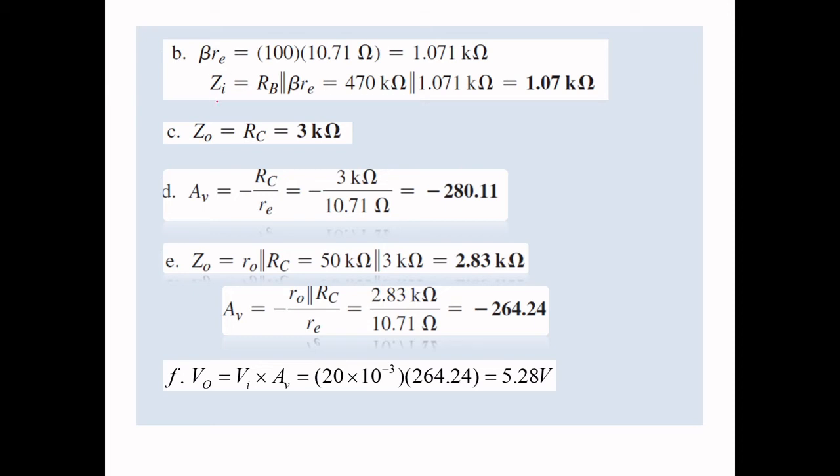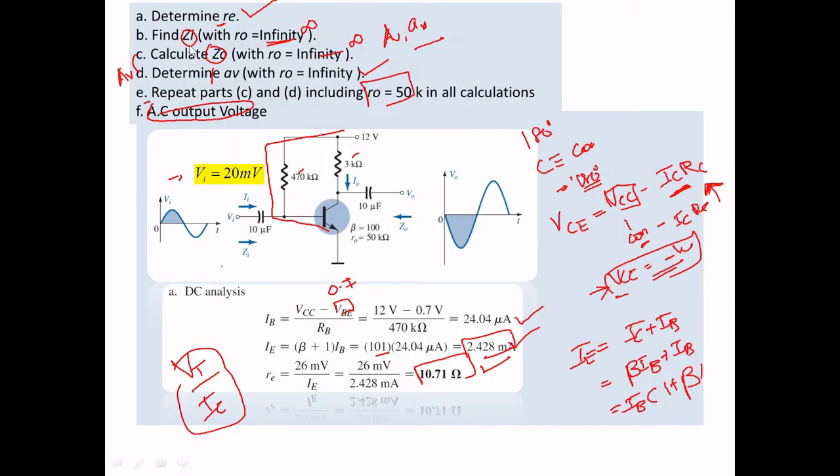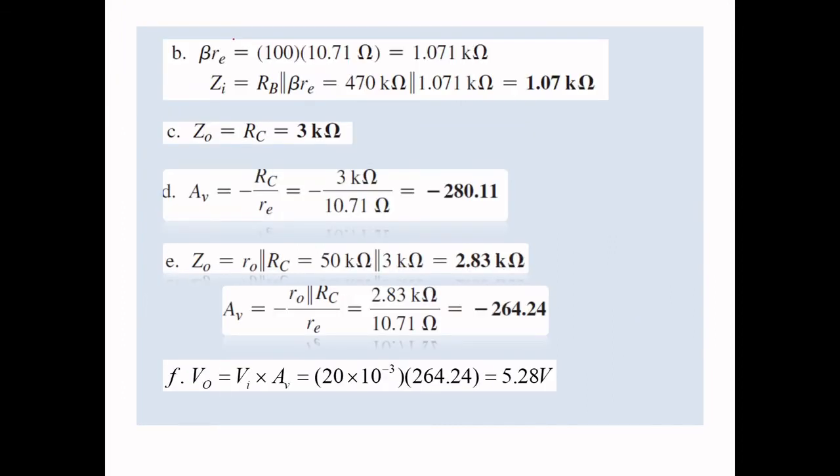In the problem it was clearly mentioned that we want to find the input impedance with R naught infinity. That you have to consider. So ZI equals RB parallel to beta RE. Beta is given as 100 and RE you calculated in the previous slide, that is 10.71. You will get 1.071 kilo ohm.